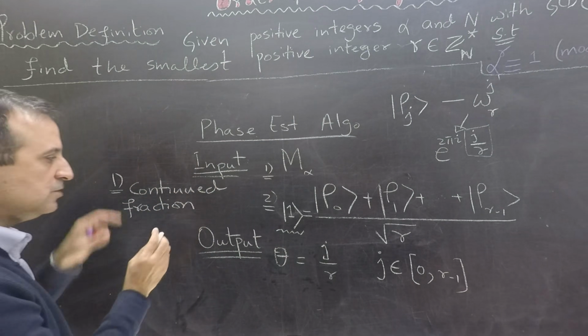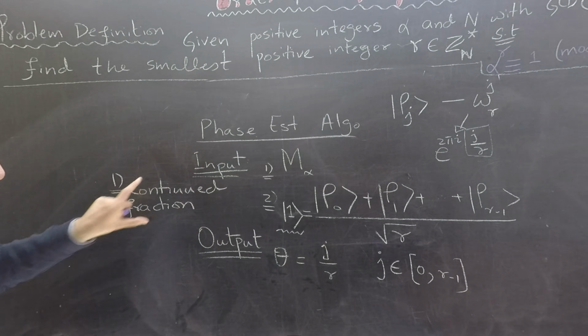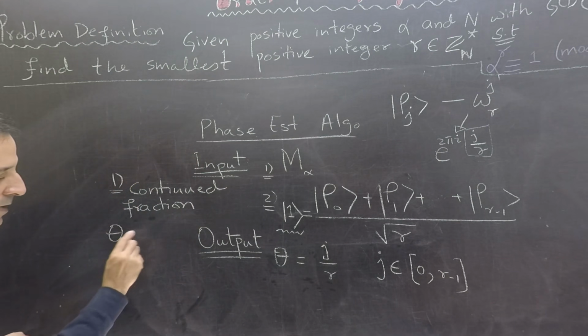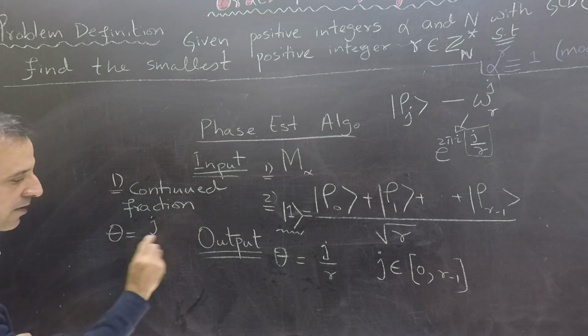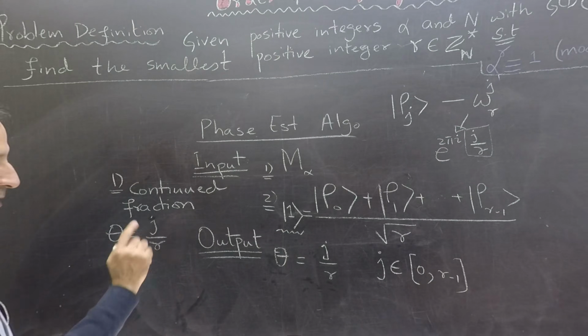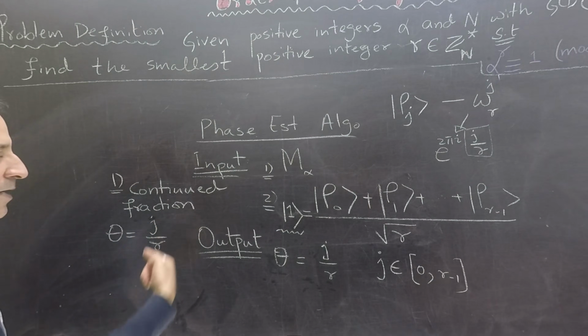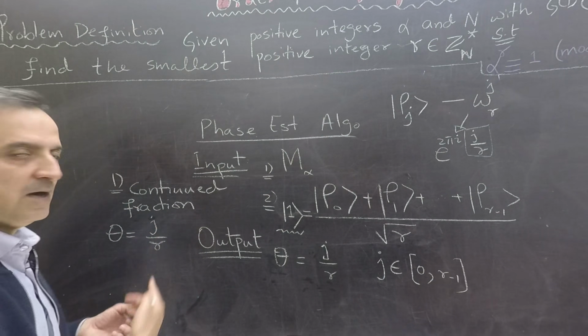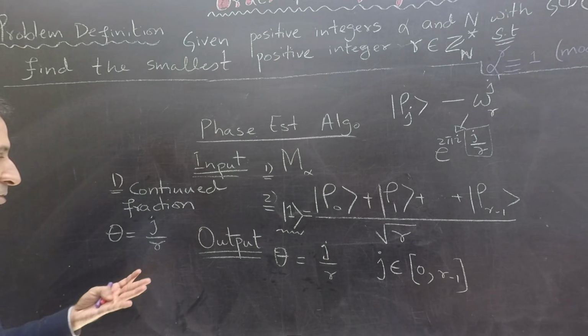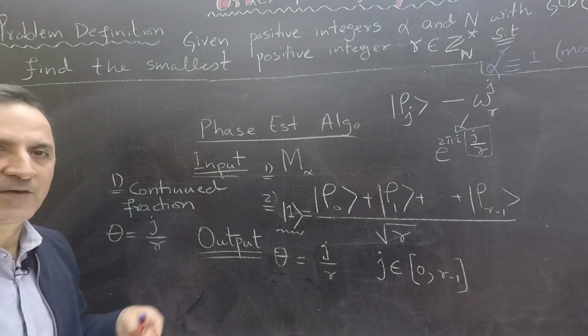We will use the continued fractions algorithm to convert theta into fractions of j over r, but it's possible that our denominator and numerator are not in the smallest possible terms. So we might not have the exact value.